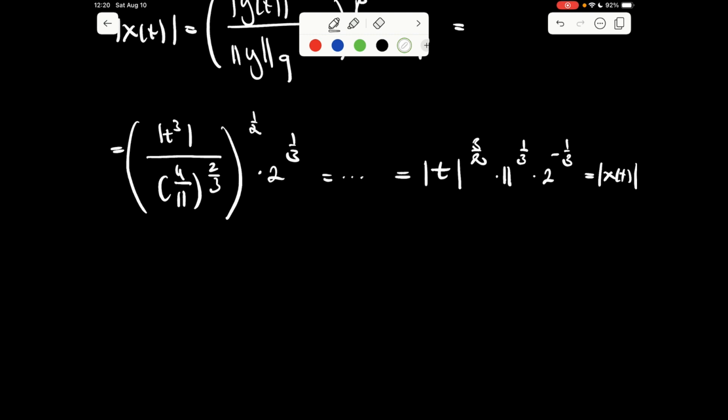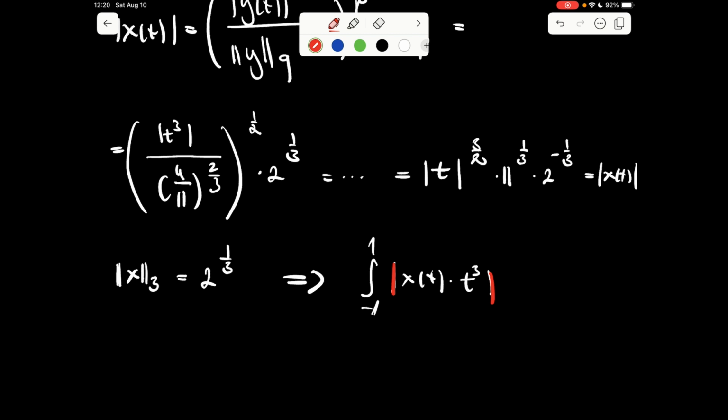So by choosing, once again, the function so that its norm is 2 and 1 over 3, then this integral with the absolute value is maximal.